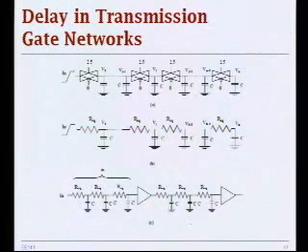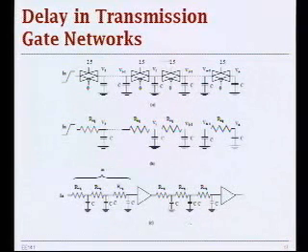Now, since we can design stuff here, and we know that, okay, good, rail-to-rail swing, that's nice, we still need to know how it affects our delay. So here we have, I guess, a lot of people's favorite task: to determine what's the delay through a series of pass transistors, or in this case, transmission gates.